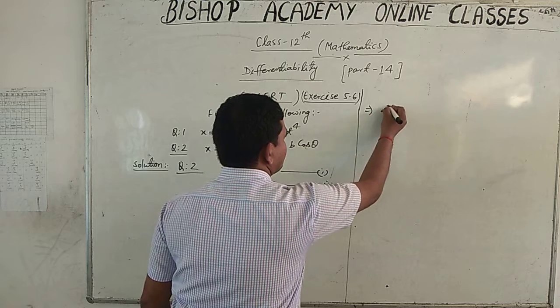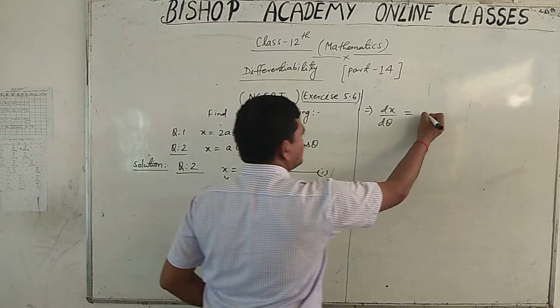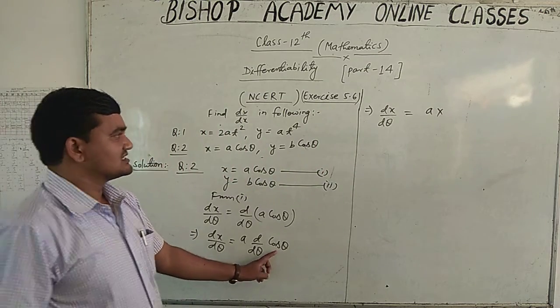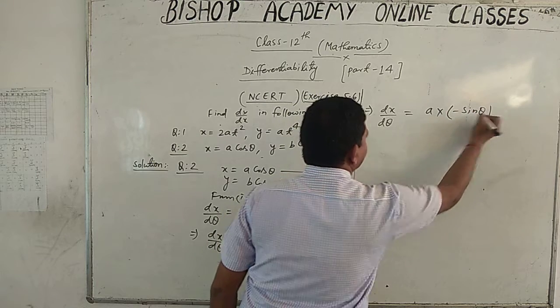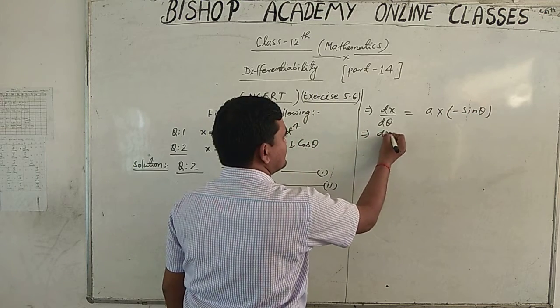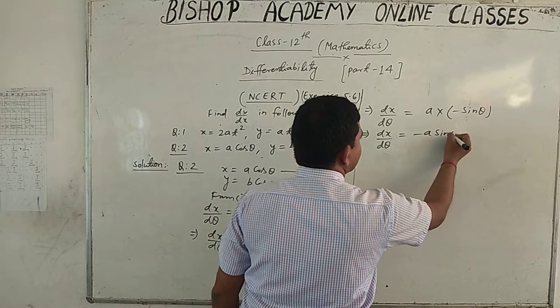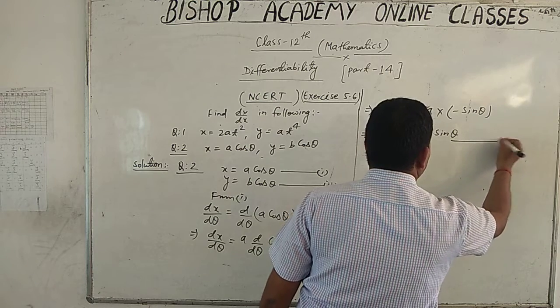This is equal to a times minus sin theta. This implies that dx upon d theta equal to minus a sin theta. This is equation number 3.